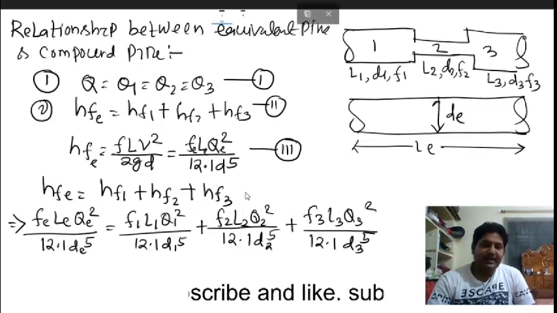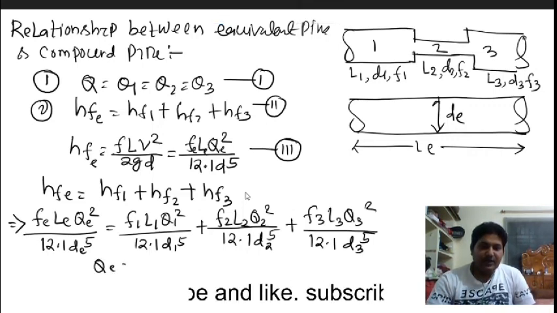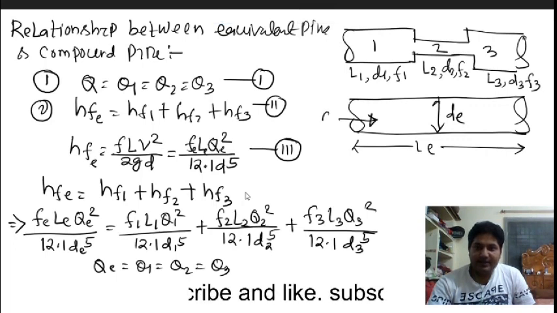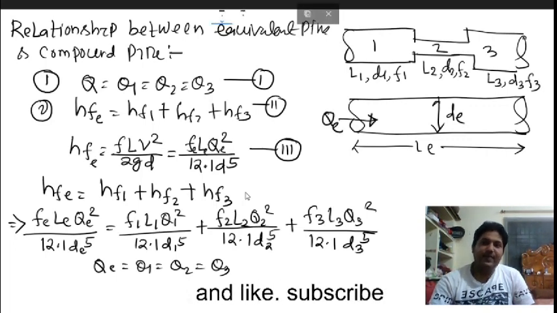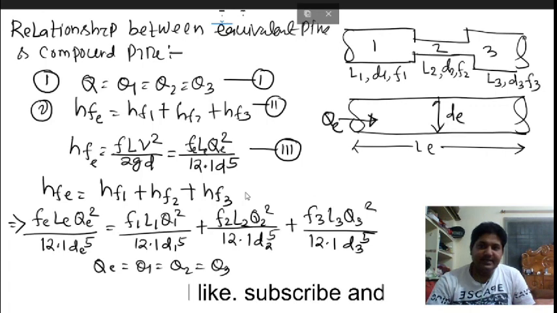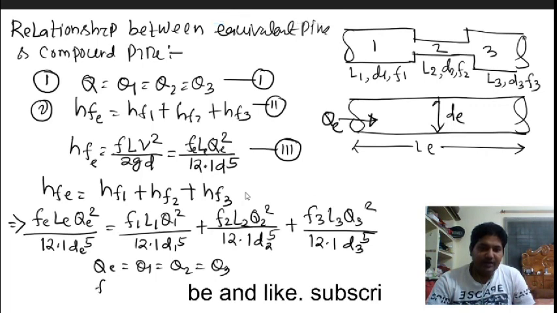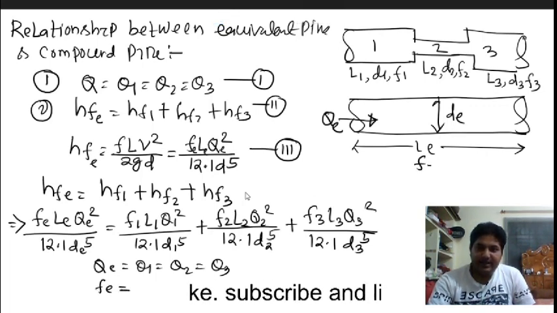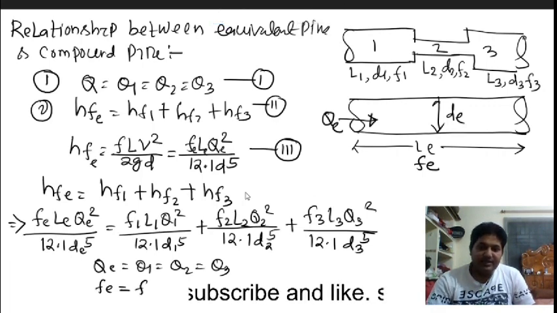Now we already know this QE will be equal to Q1 will be equal to Q2 will be equal to Q3. Q is the discharge in this equivalent pipe, so the discharge will be the same in all these pipes. And if you take the same friction factor in the equivalent pipe, FE will be equal to F1 equal to F2 equal to F3.